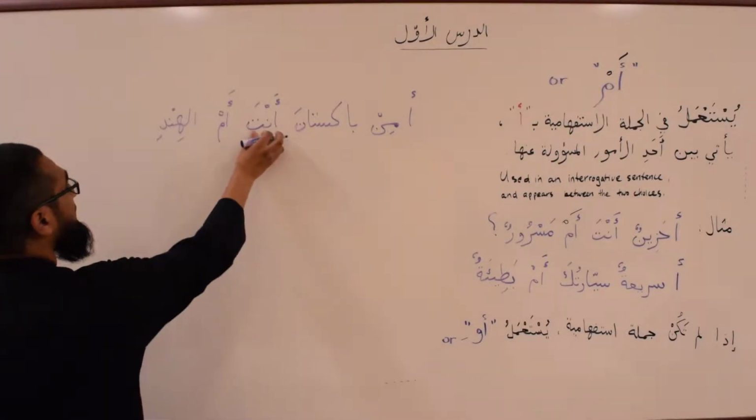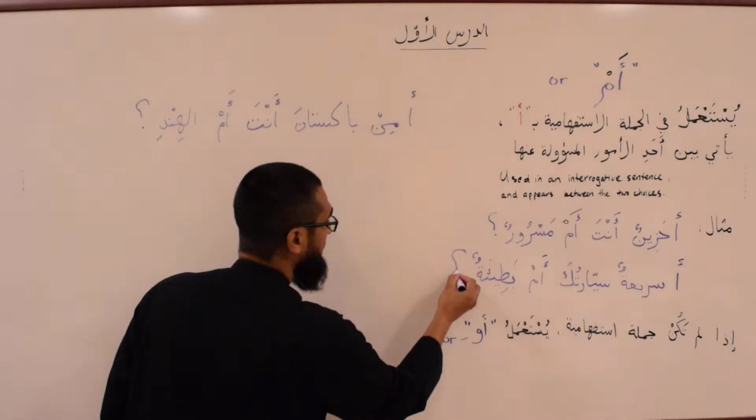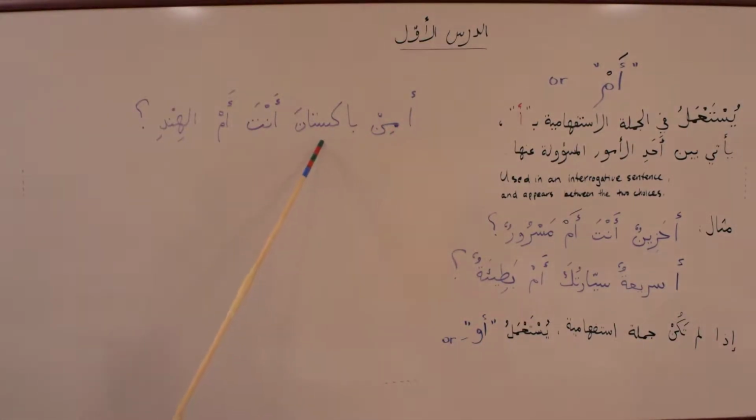Al-Hindi, right? So it says, min Pakistan, obviously the question should go here. Anta am al-Hind. So are you from Pakistan or India? You're asking someone. They look like Indian, but sometimes it's hard to tell the difference, right?